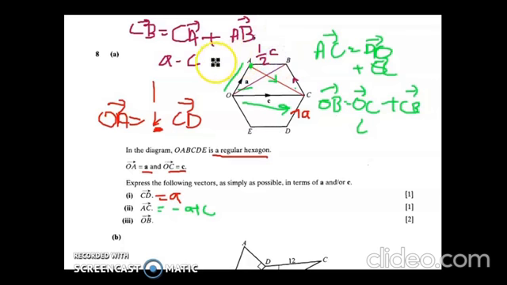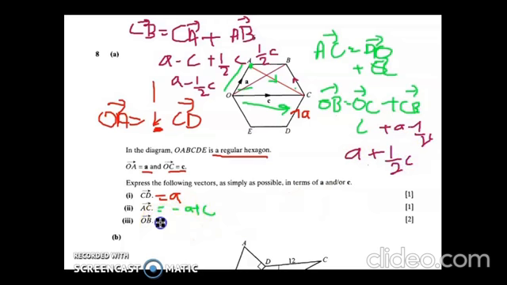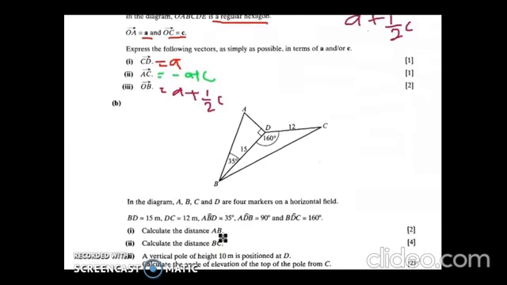So that means it's half C plus half C. So this will be A minus half C. That means CB is A minus half C. So the vector becomes A plus half C. Let's move towards the B part.